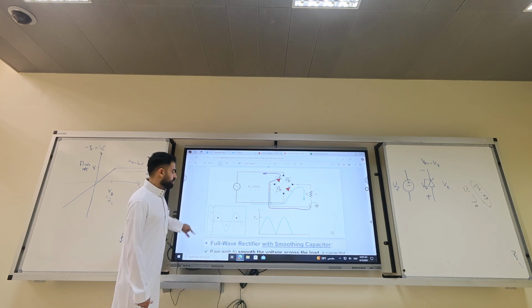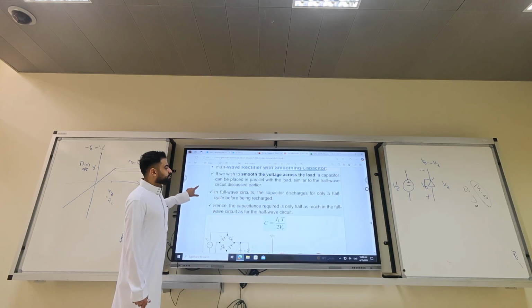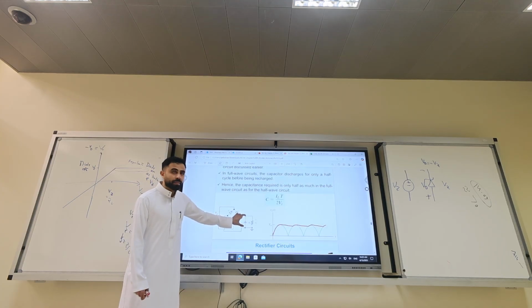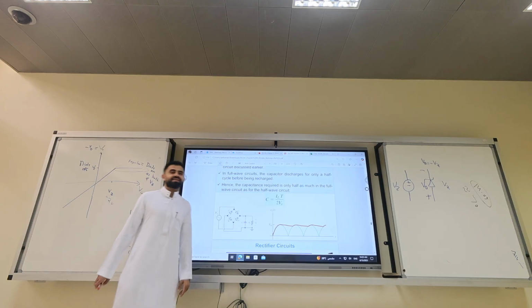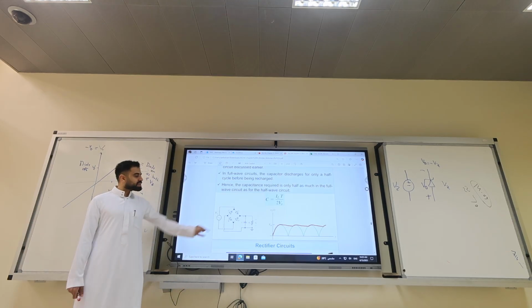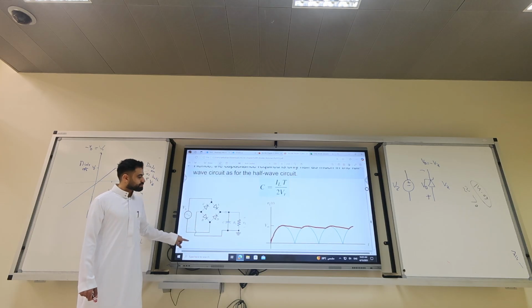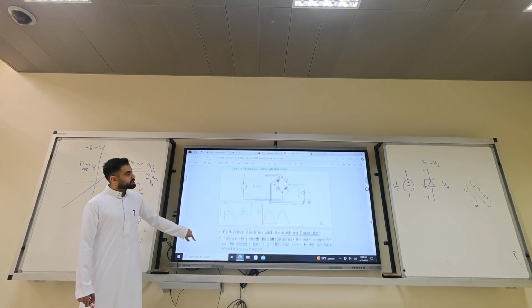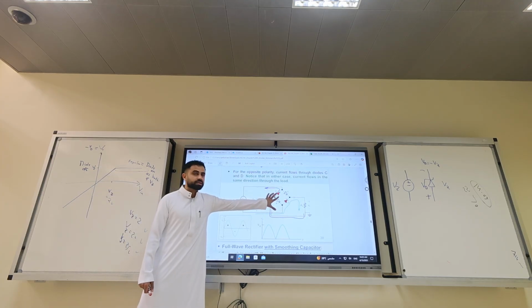Okay? So full wave rectifier with smoothing capacitor, we can also add a smoothing capacitor. Where do we add the smoothing capacitor? This circuit does have a smoothing capacitor. This circuit doesn't have a smoothing capacitor.